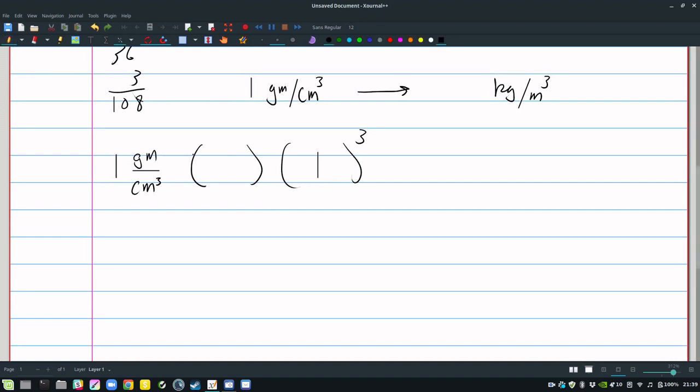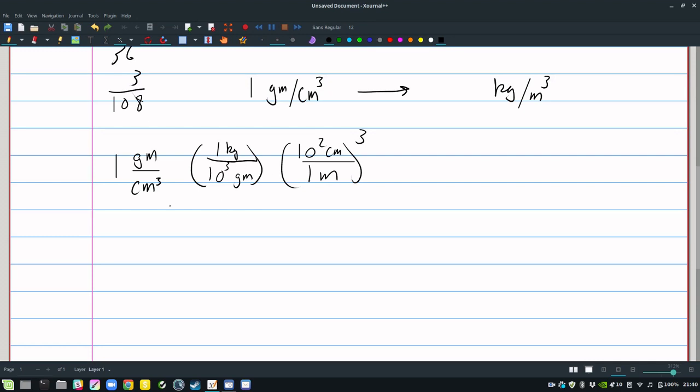So what I want to do first is eliminate grams. There are 1,000 grams in a kilogram. But then there are 10 to the second power, 100 centimeters in a meter. So the things I've written in parentheses again are 1, a kilogram divided by 1,000 grams. That's just 1, for example.